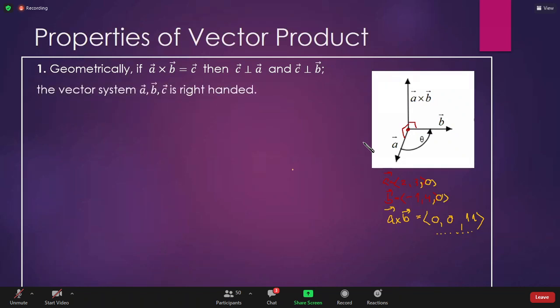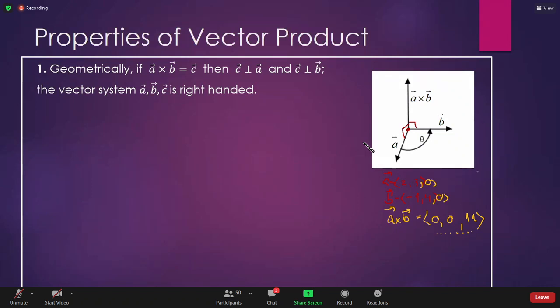The vector system ABC is right-handed. What does that mean? A right-handed system means that when we go from A to B to C, that already happened when we were considering the three-dimensional coordinates for depicting vectors.